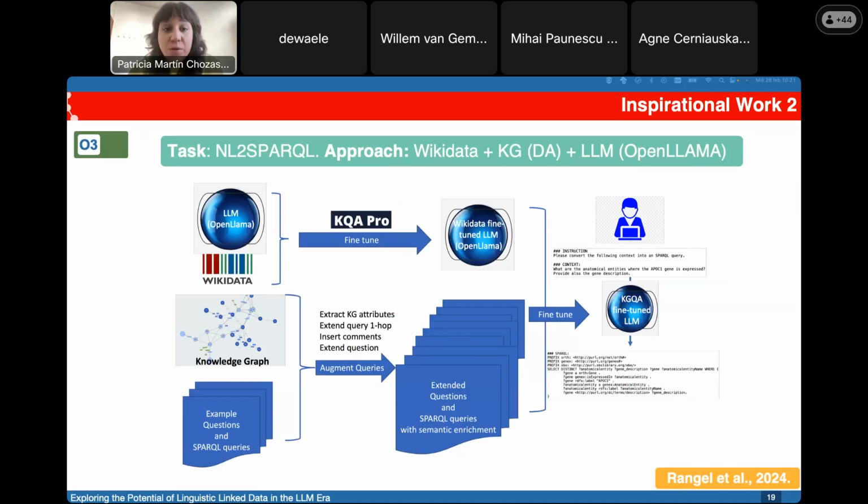And I wanted to show this second inspirational work because I found it very interesting that they use this structured knowledge in 2 stages of the process. So first, in the upper pipeline, they use Wikidata to fine-tune the LLM. And it is very interesting as well because they use linguistic knowledge here.